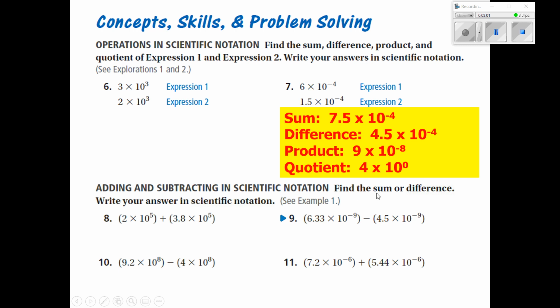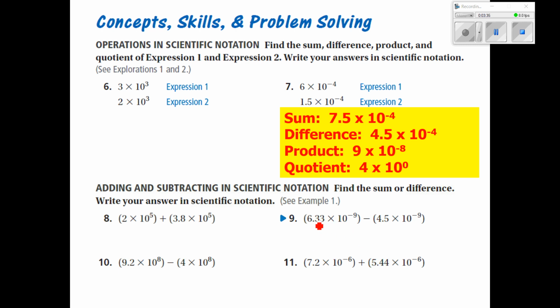Let's go to number 9. It says find the sum or difference. This is a difference because it has a negative sign here. If I'm putting these together, I'm going to be taking this from this. And I need to write these out to make sure I'm doing this right. This is going to be 6, 3, 3, and then to the negative 9. So it's going to be going back this way, right?